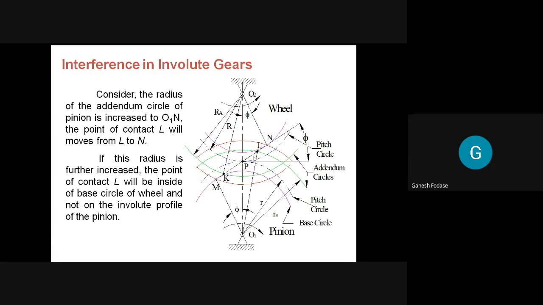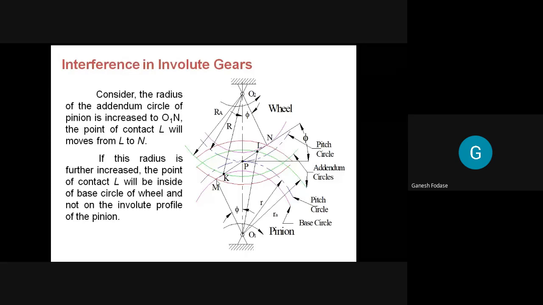In the previous session we discussed the path of approach. This KPL is the path of approach, and we know that we can extend it up to points M and N, that is, up to the point where the common normal through the point of contact is tangent to the base circle.